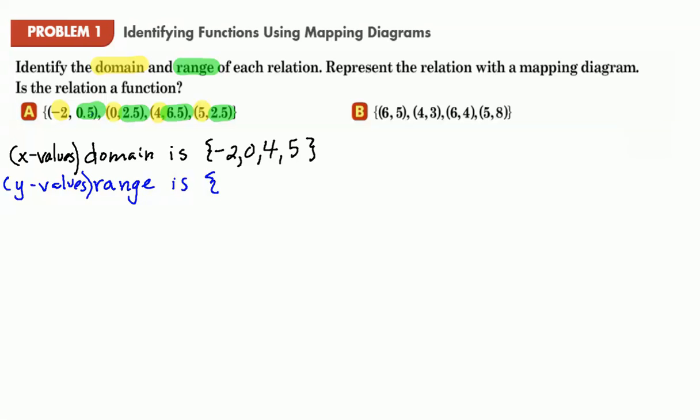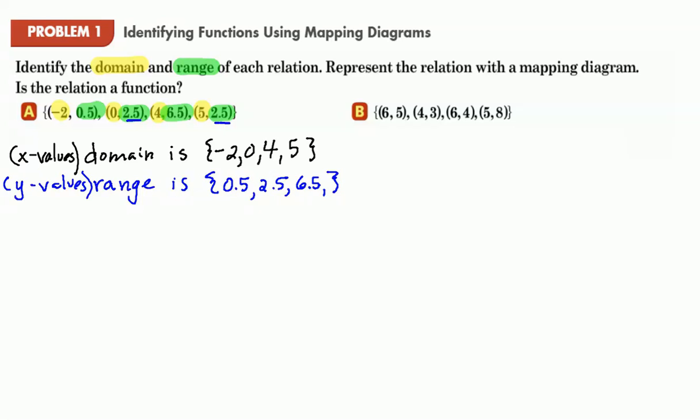The smallest value is 0.5, followed by 2.5, then 6.5. If you notice, 2.5 repeats itself, so we only write it once, and that's all you have to do.